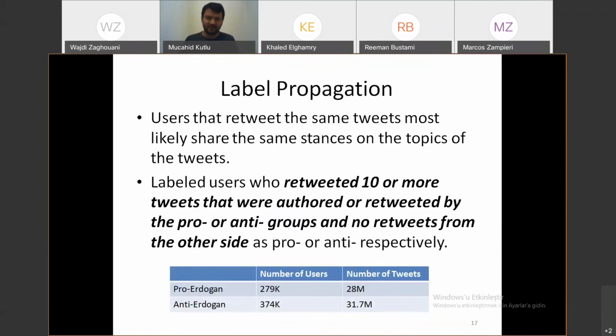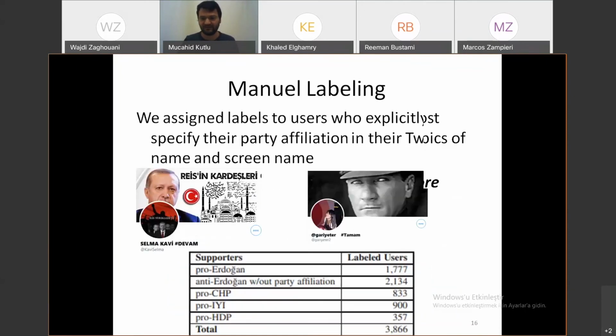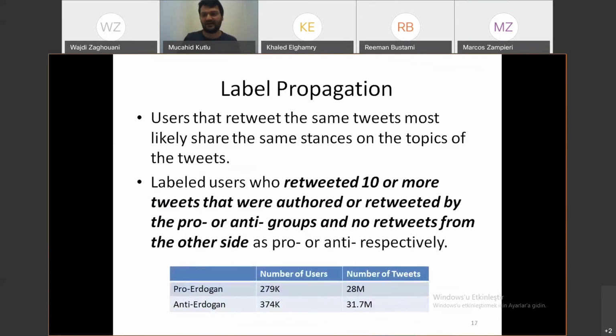And then we applied a label propagation process in which we considered that if a person, for example, retweeted 10 or more tweets from pro-Erdogan accounts, and no retweets from anti-Erdogan accounts, we label that user as pro-Erdogan. And the same thing applies for the anti-Erdogan group, of course.